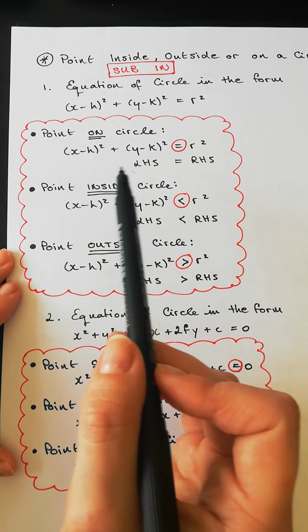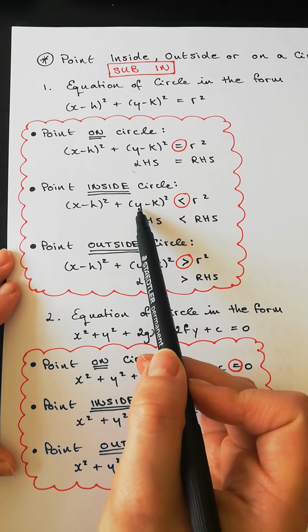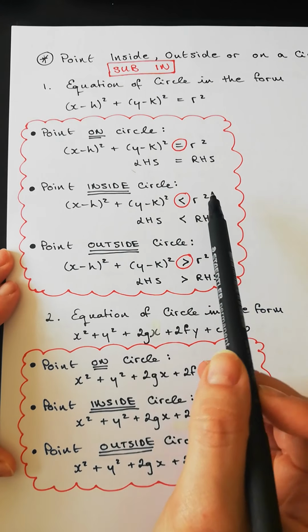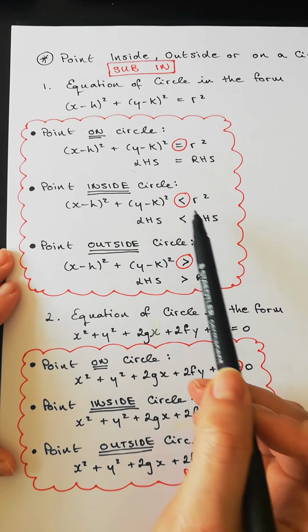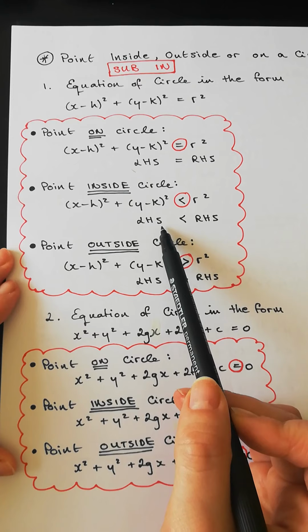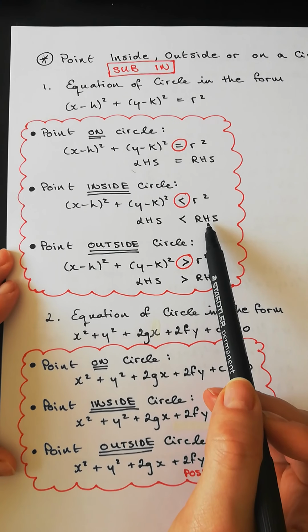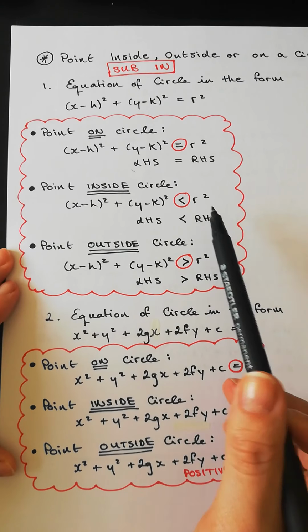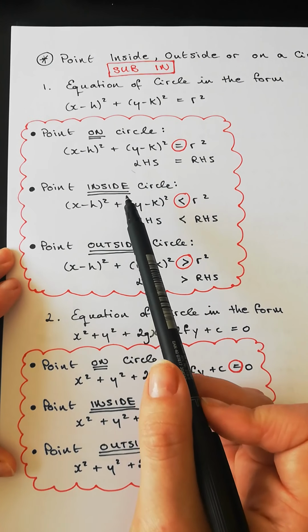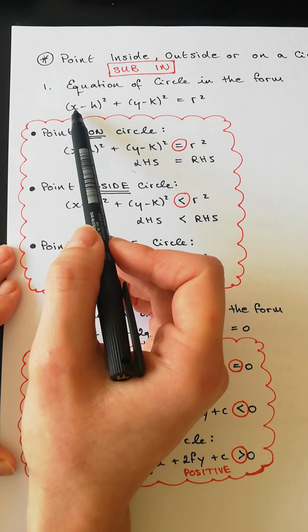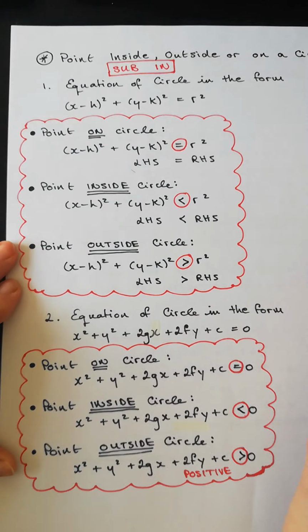When you sub your point, your x value and your y value, into your equation of a circle, if the left hand side (LHS) is less than the right hand side (RHS), then that means the point is inside the circle. Because remember, I showed you before where this equation of a circle comes from.